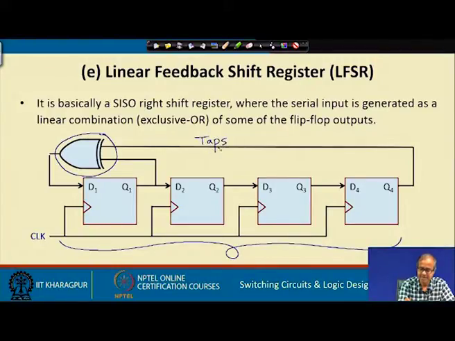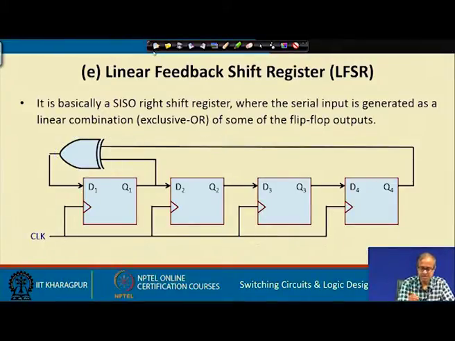We take some taps from the output of this shift register and feed them to the input of this XOR gate, and the output of the XOR gate is feeding the D1 input of the first flip flop. So, the input is not coming from outside, rather this exclusive OR gate is generating the next input that is to be shifted. Basically, a linear feedback shift register looks like this.